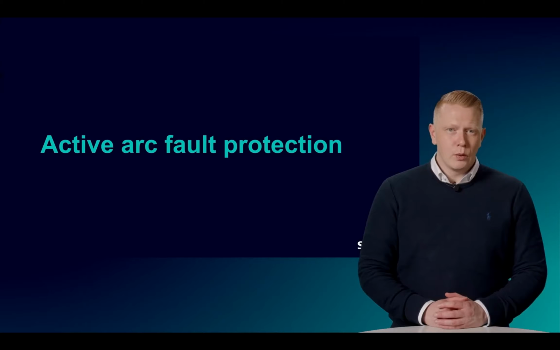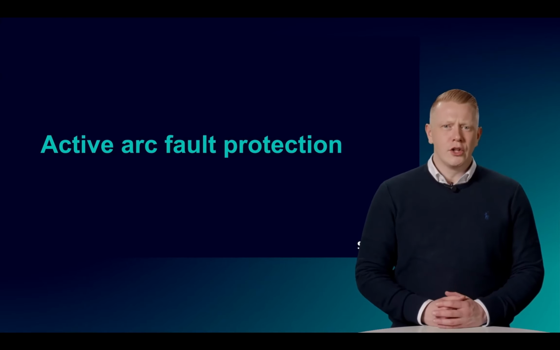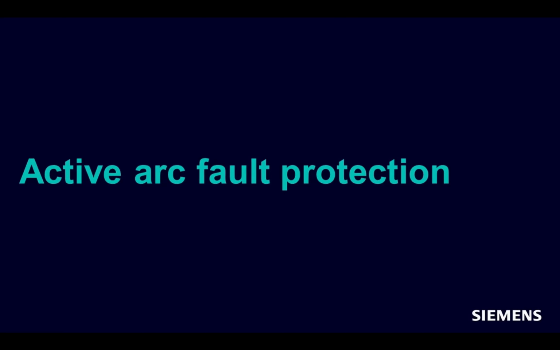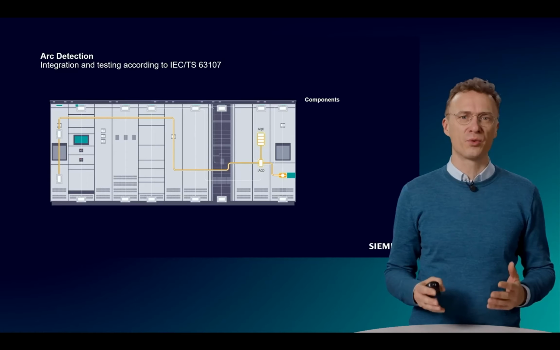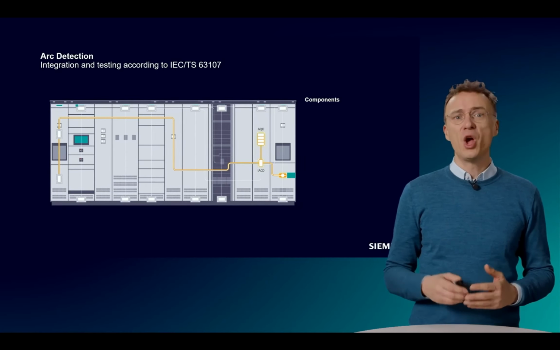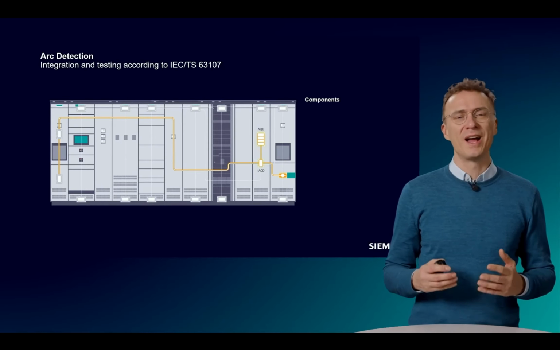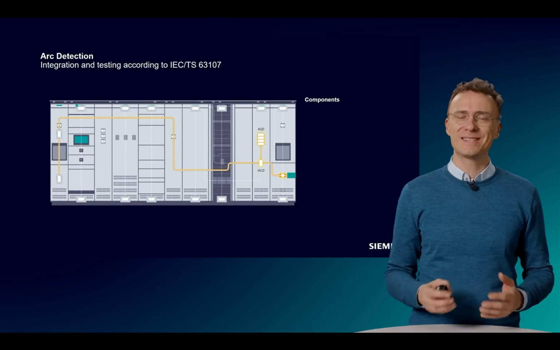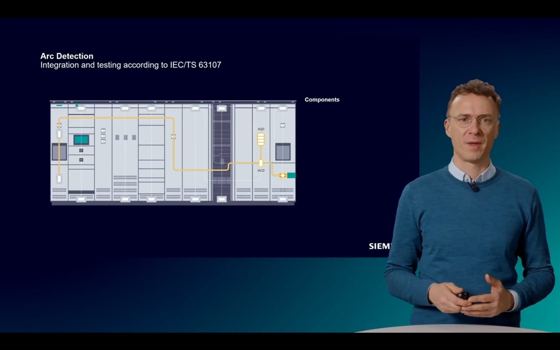In the following, we would like to introduce you to a way to further reduce the tripping time and thus the energy released. In this case, we are talking about an active arc fault protection through an internal arc fault mitigation system, which is integrated according to IEC Technical Specification 63107.